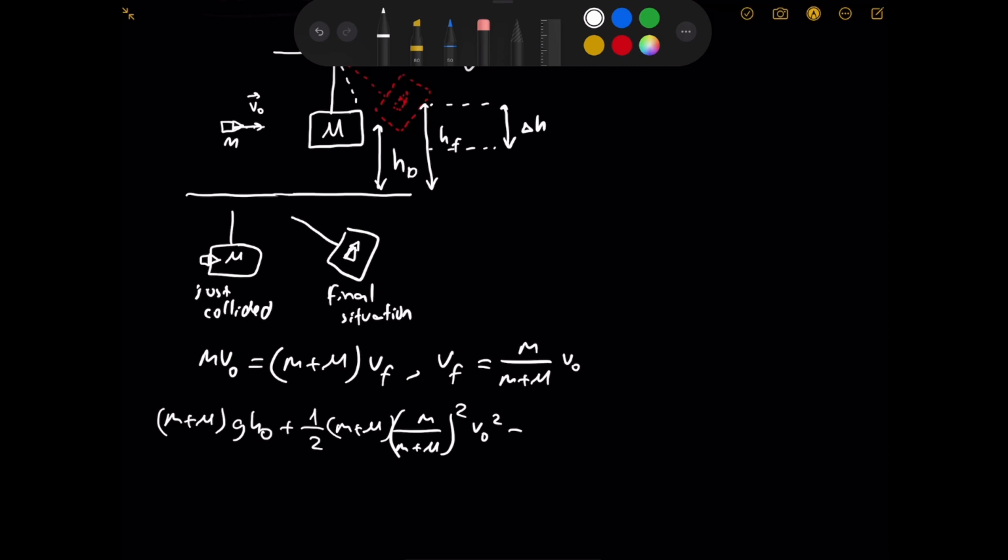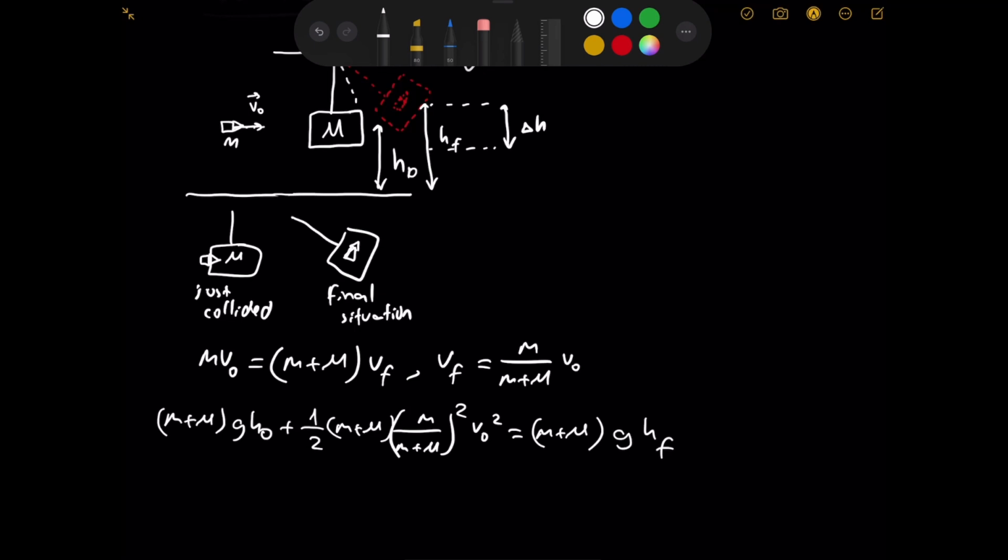And this is going to be equal to the final potential energy, because there is no kinetic energy. The pendulum system comes to a rest at the final position. That's why it is the final position. So the mass is going to be the sum of the two masses and then this. Okay, cool.